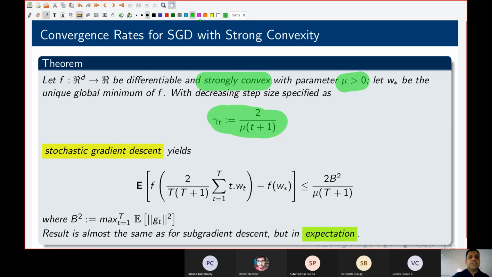So this entire expression can be viewed as, what is that? 1 by summation of t.